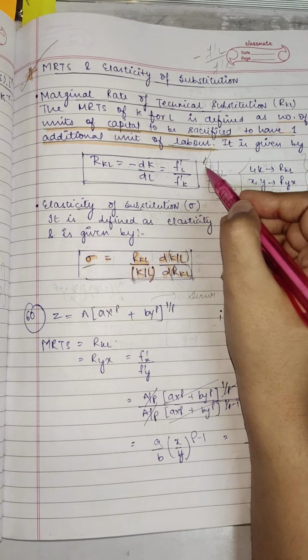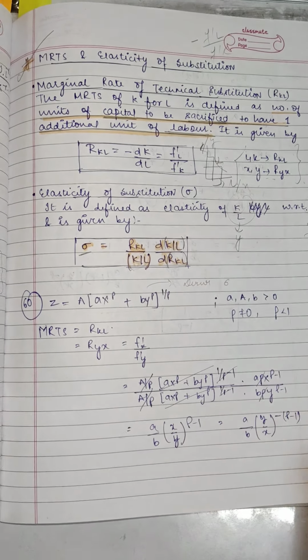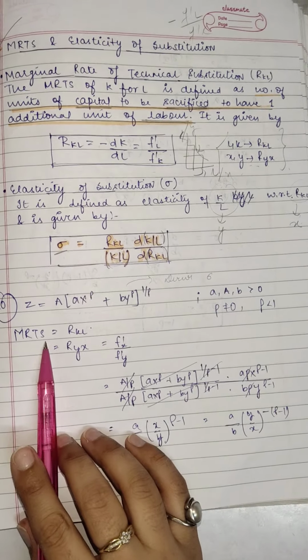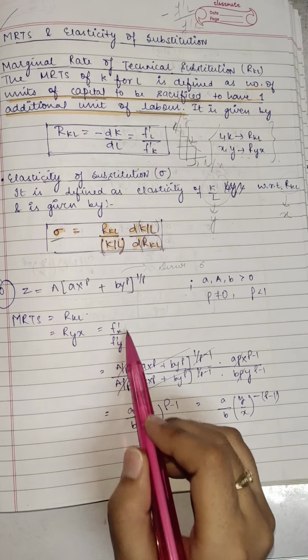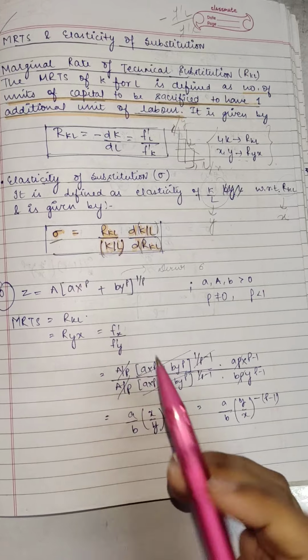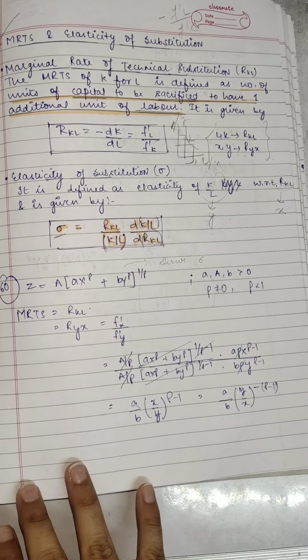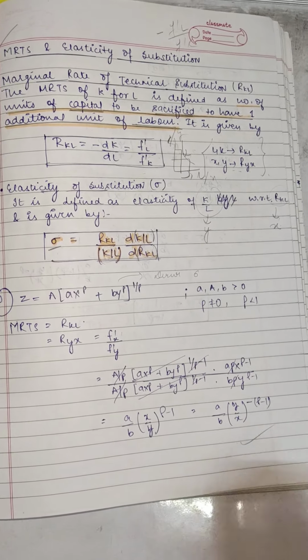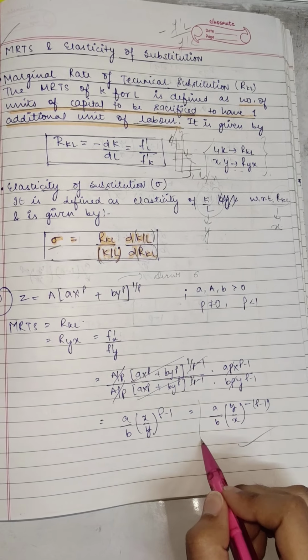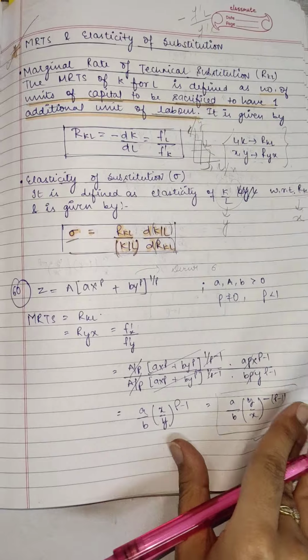So you give up y for the input x, okay. Now, MRTS here will be R_YX, and that is nothing but f'_x upon f'_y. This is just the same as I just computed the derivative, so I am not going to tell you how to go about this. This will work out to be this. So this is your MRTS, okay.